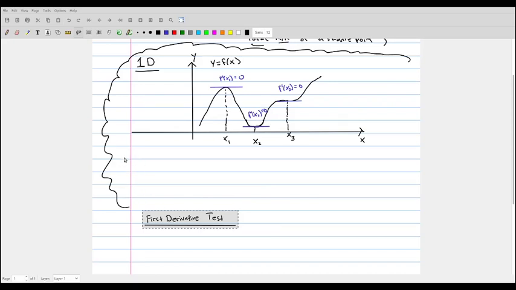So the first thing we should start with is define exactly what a local min and a local max of a function is. You'll remember this hopefully from your single variable calculus class. And I'll just write down the definition so that we can kind of remember exactly what this is.